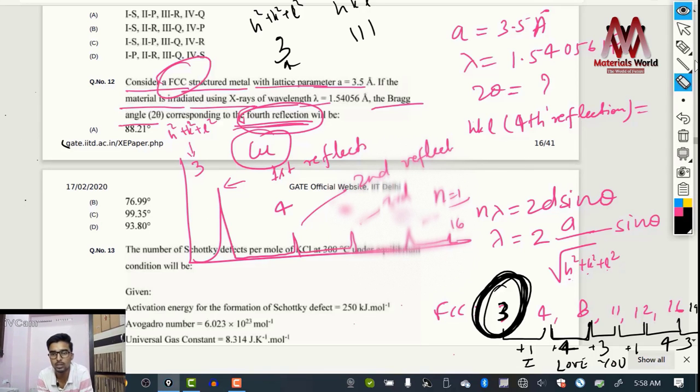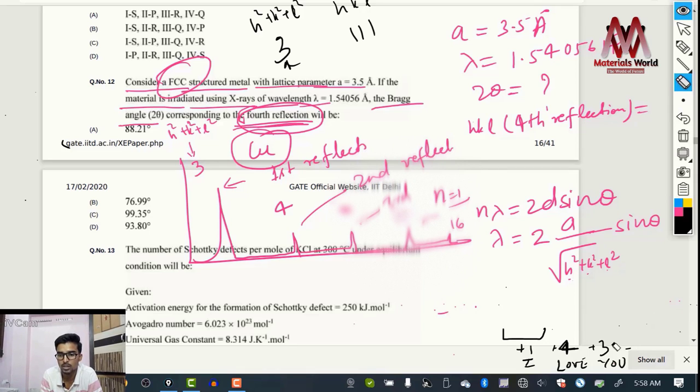you remember it. Okay, that for the first peak, the h square plus k square plus l square value will be 3, then 4, then 8, then 11, then 12, then 16. So if you remember just one number, that is 3, then by using 1, 4, 3, by adding 1, 4, 3 repeatedly, you can write all of them.